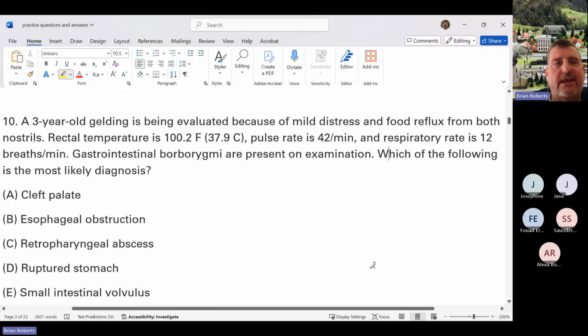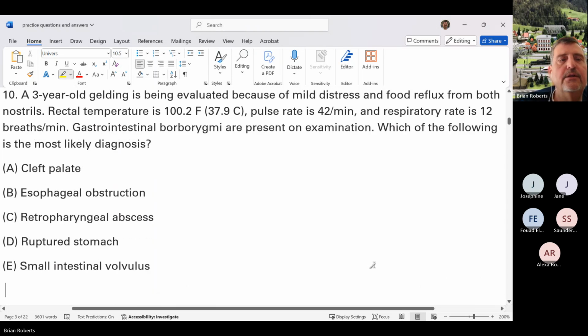All right, number 10. So we have a 3-year-old gelding. We have food reflux from both nostrils. A temp of 100.2, pulse rate of 42, respiratory rate of 12.